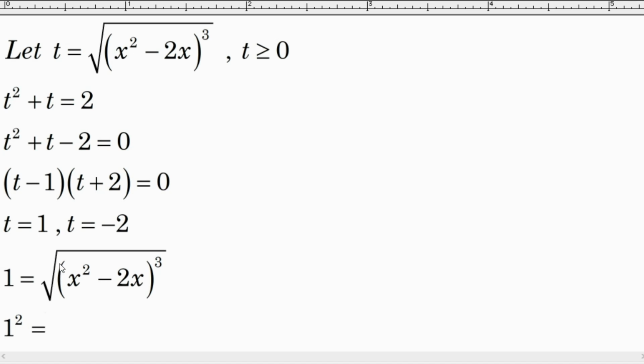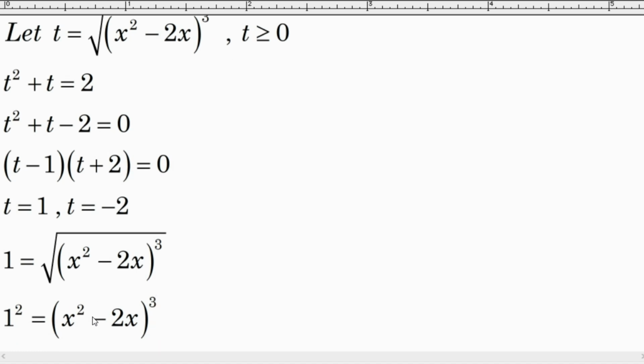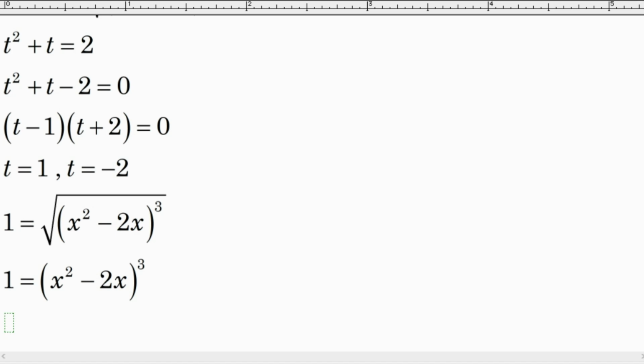We can simplify the square with the square root, and we get (x² − 2x) raised to the power 3. Here 1 squared is equal to 1. Now we can take the cube root of both sides of the equation. We get the cube root of 1 on the left, and on the second side we get only the expression in the parentheses. The cube root of 1 is equal to 1.